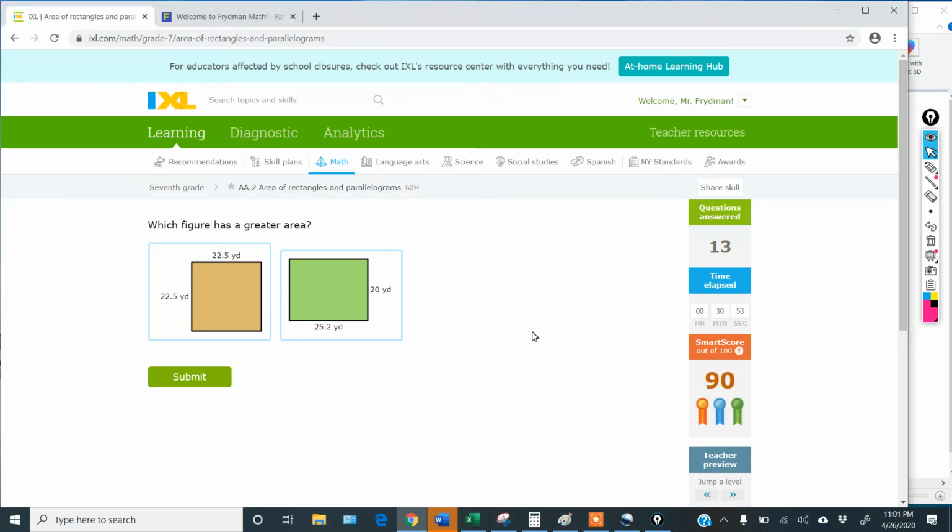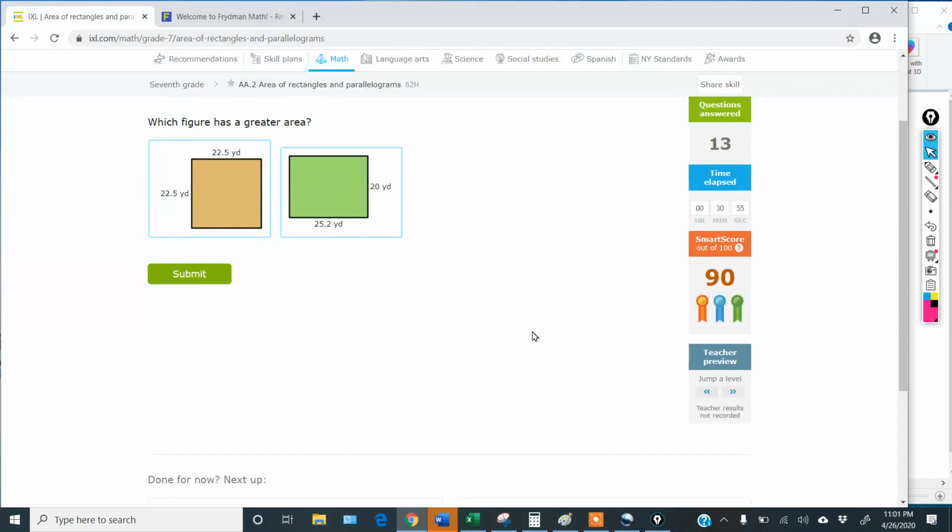Which figure has a greater area? Okay, so again, I think we did problems like this. Yeah, so for this one here, it's not as obvious. Here, this height is smaller than this height, but this length is larger than this length.